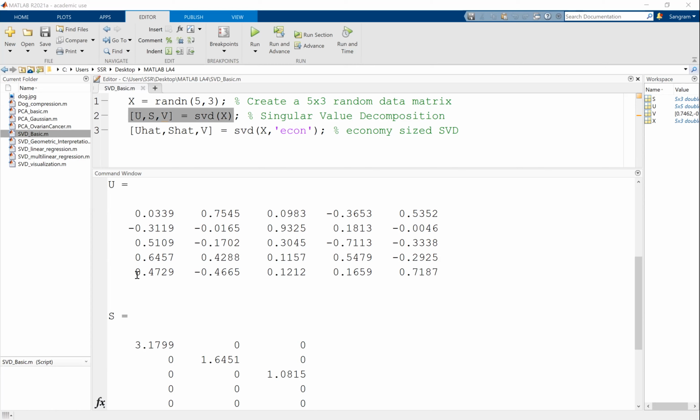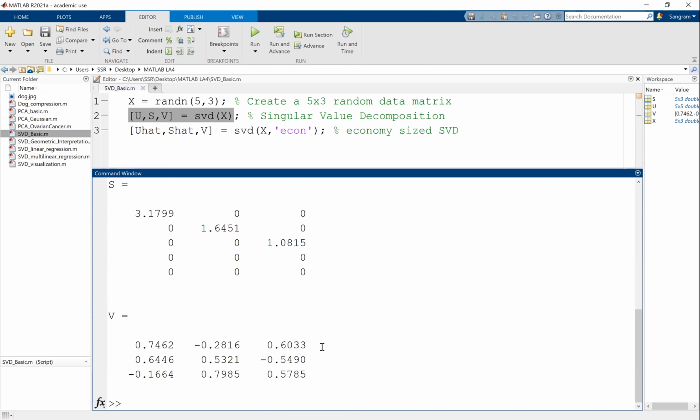If you were to find the norm of U, that will become 1 because it's an orthonormal matrix. If you find the matrix norm of V, you will see it's an orthonormal matrix. And to answer the question, there are just 3 singular values. Everything else is 0.